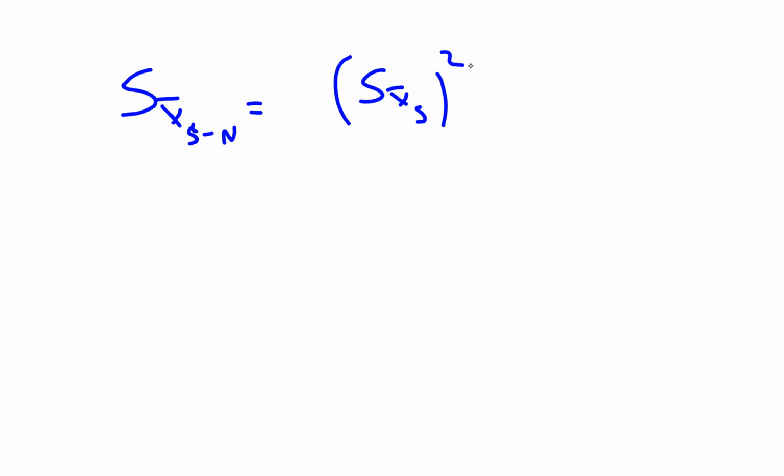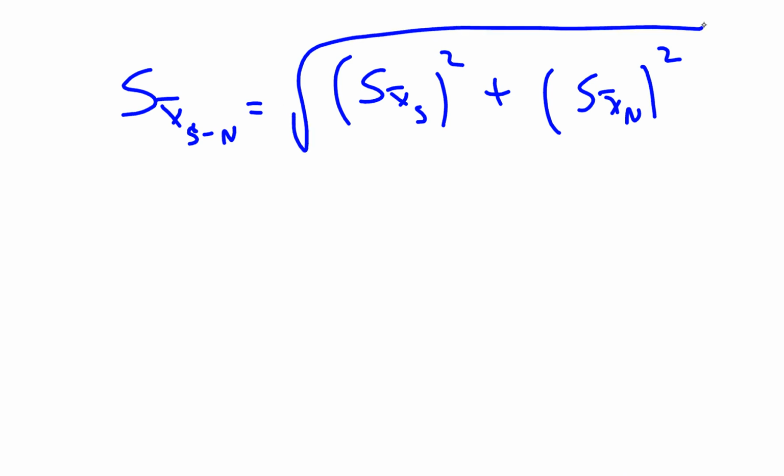So what we're going to say is S of X bar skilled rowers minus novice rowers equals the square root of S of X bar of the skilled rowers squared, to make it a variance, plus S of X bar of the novice rowers squared, to make that a variance, because you're only allowed to add variances, and then we take the square root of this to make it a standard deviation.